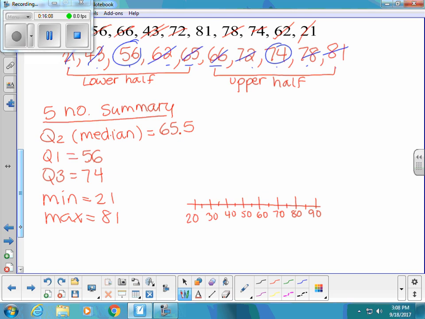Our box again goes from our Q1 to our Q3, so from 56, just past my halfway, to 74, just before 75.